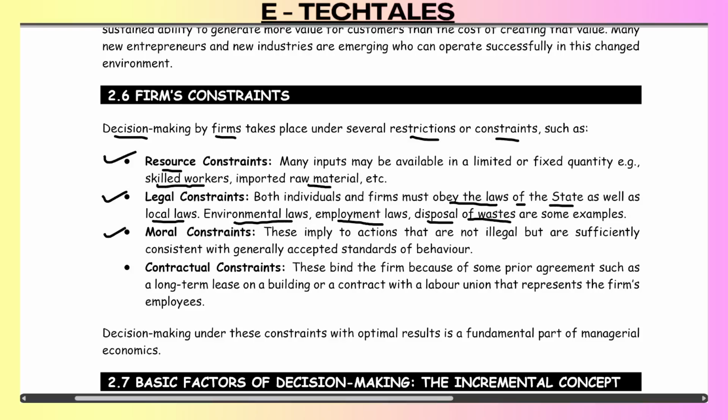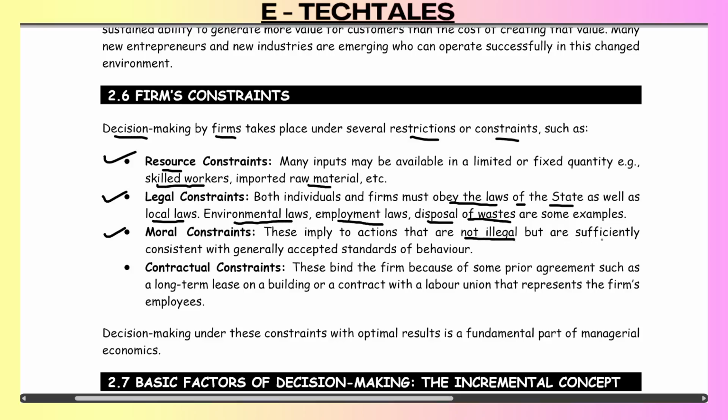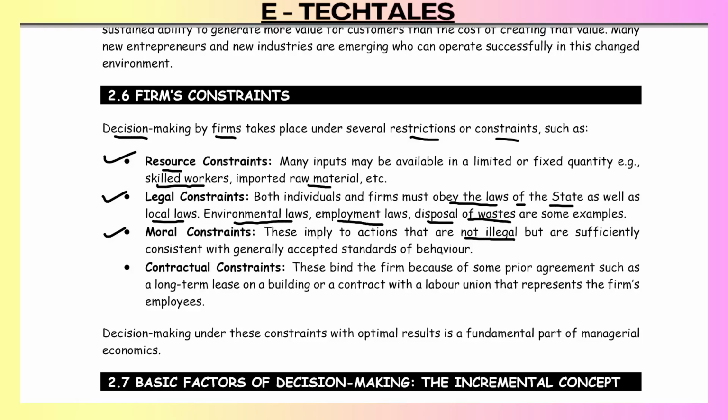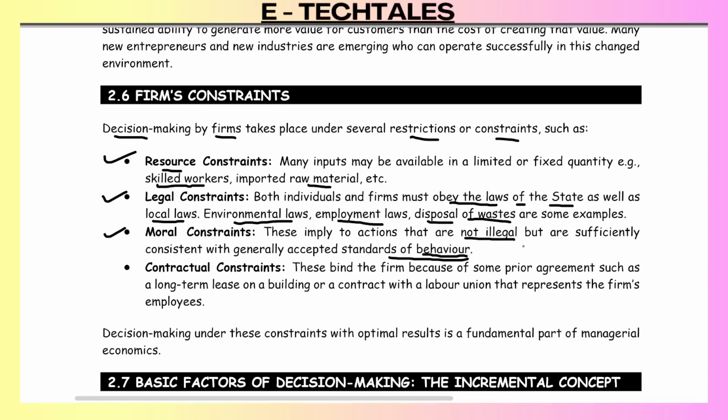Then there come the moral constraints. These imply actions that are not illegal but are not consistent with generally accepted standards of behavior. Why? Because we have to follow certain behavior in every firm, that is a standard, but it is not illegal, right?